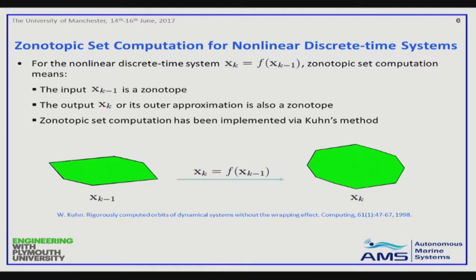For example, for this nonlinear discrete-time system, your input is a zonotope. Your output is also a zonotope. So that is zonotopic set computation. You can say that we extended, not I, it is Combastel, extended from a box to a more symmetric shape.